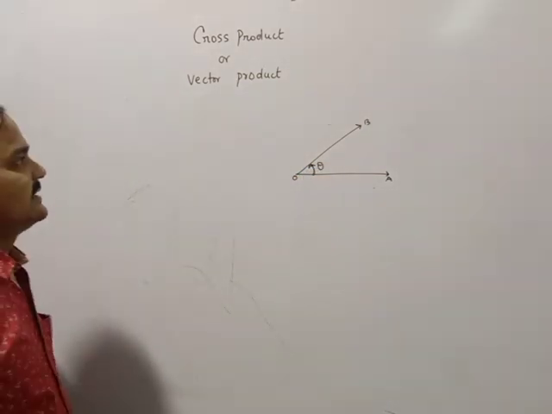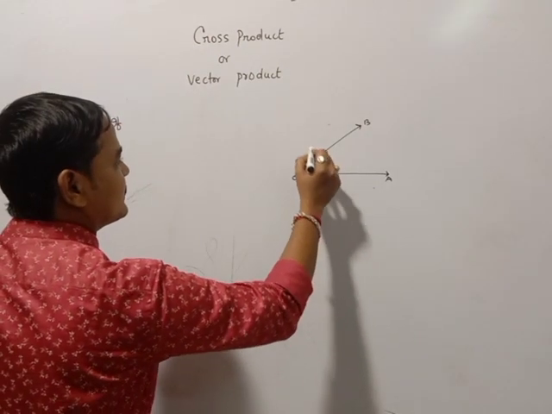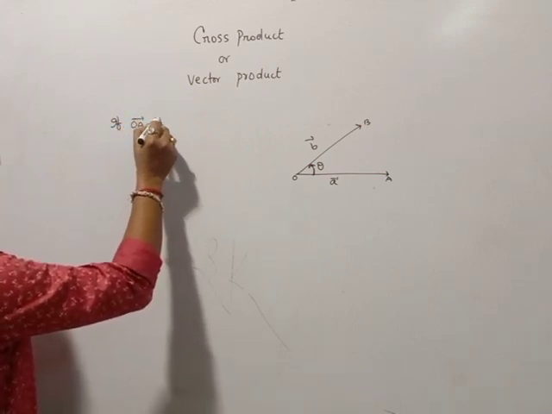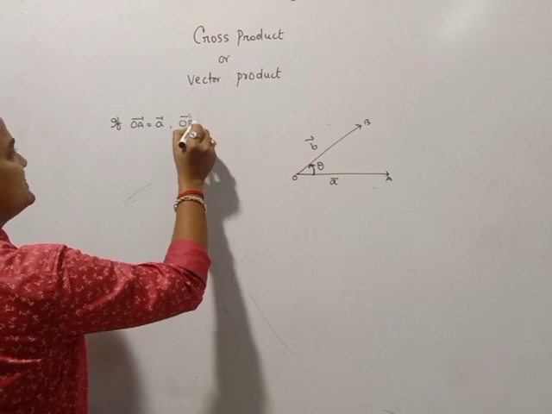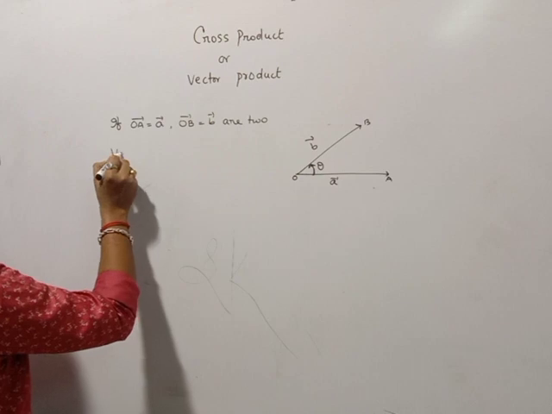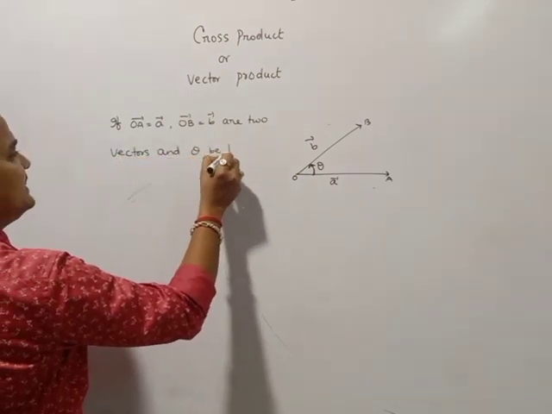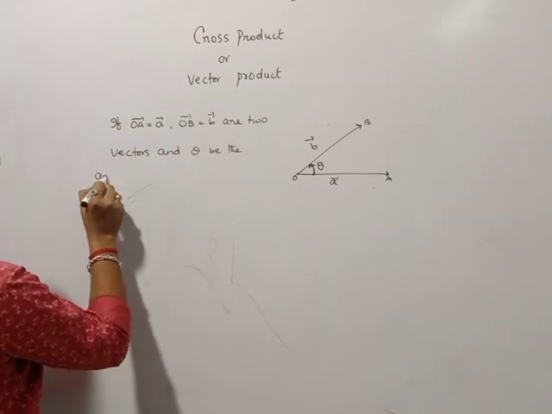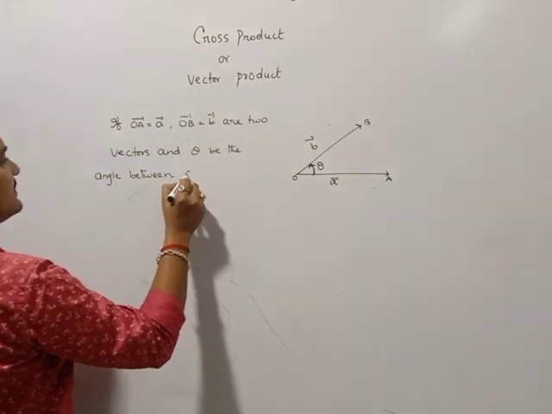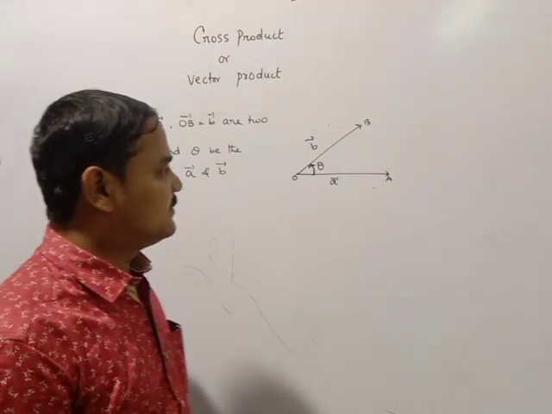Take that OA bar is equal to A bar, OB bar is equal to B bar, are two vectors, and theta be the angle between A bar and B bar.